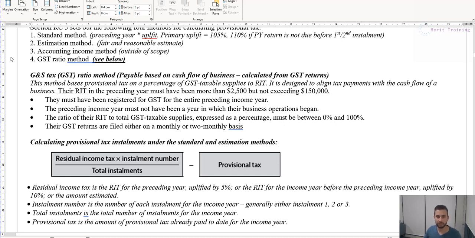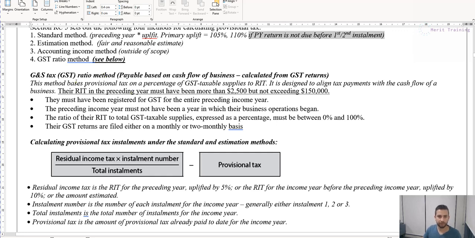So by that logic, it is also a good proxy, in almost real time, of the cash flow of the business. So the purpose of this method is to estimate on a monthly basis and then year to date what the cash flow of the business is, because that should be a good proxy of taxable income at the end of the year, and therefore the amount of tax payable based on that taxable income.